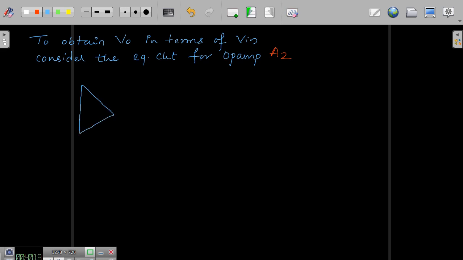This is my A2. See here, I have 2R, I have R here, then comes your V0. This is your V0, this is R, this is 2R, this I am going to ground it, and this point also I am going to ground it. So this is my V, this is my A2.